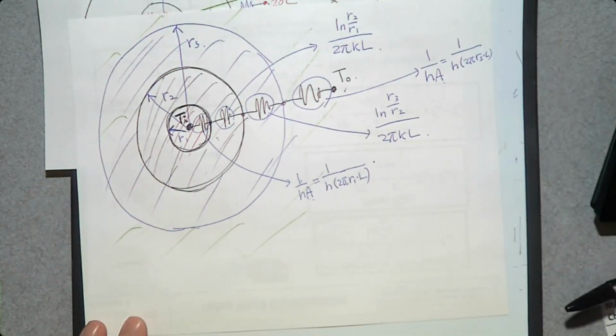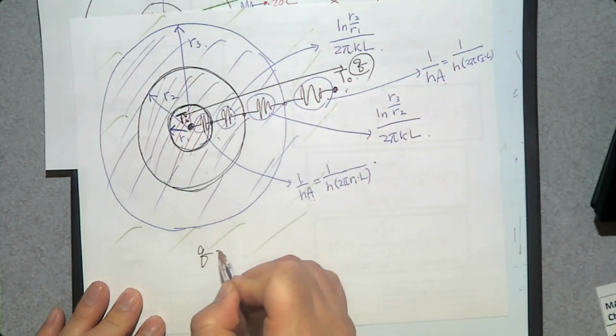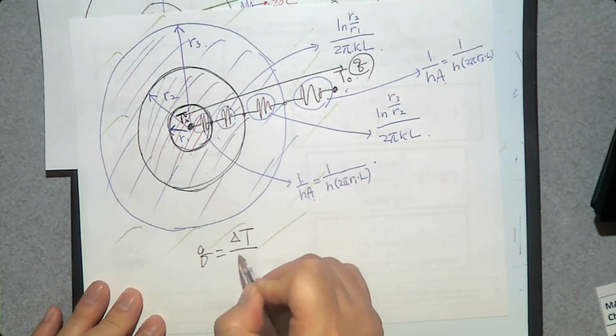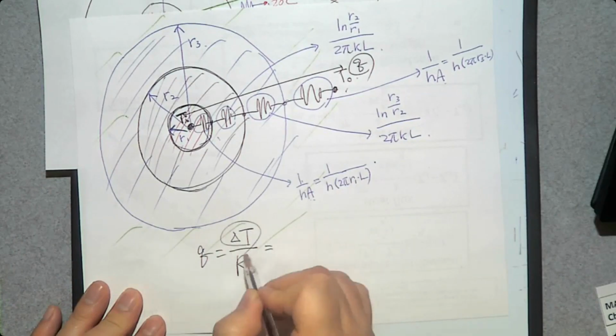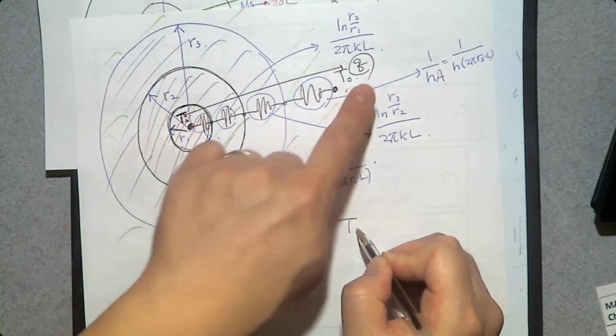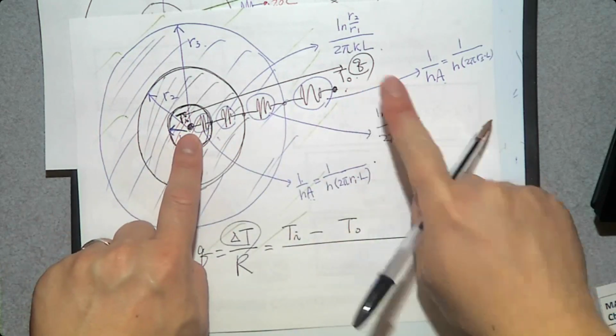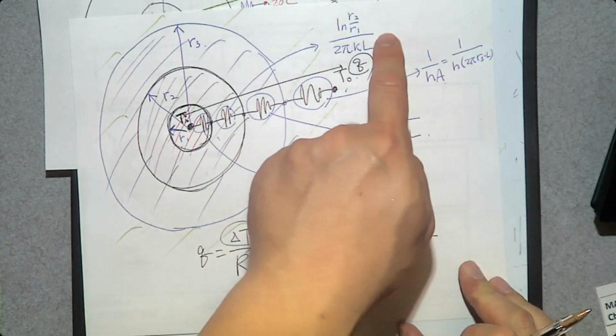Then if you want to determine the rate of heat transfer, Q is going to be delta T over R. This delta T is going to be Ti minus To. And how many resistances between two temperature points? 1, 2, 3, 4.